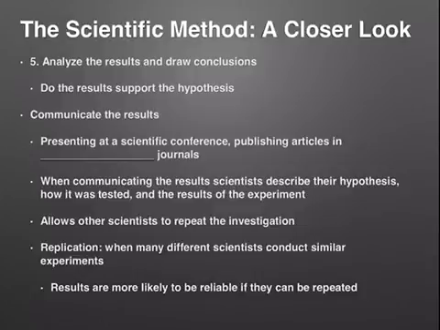So your 5th step of the scientific method is to analyze the results and draw conclusions. You are looking at whether your evidence supports or does not support the hypothesis.